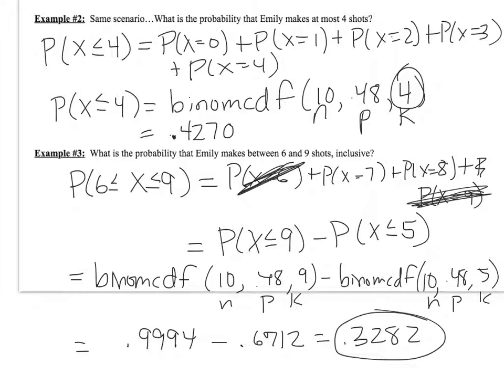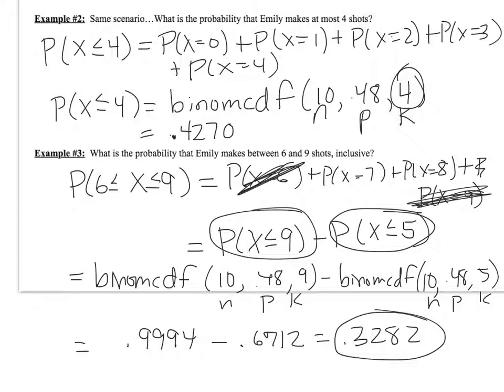And I would only be looking at the probability of x equaling 7 or 8, which means when I did my binom CDFs, I would have here x less than or equal to 8, and here x less than or equal to 6. That would give me just 7 and 8. To be honest with you, at that point, I might just take the sum of the two PDF values for 7 and 8 rather than doing the subtraction of the CDF values. They're essentially the same number of steps.